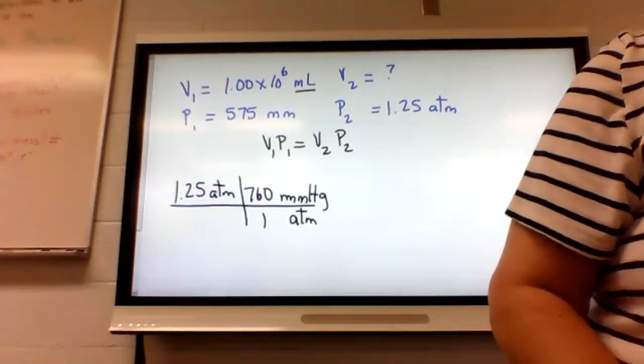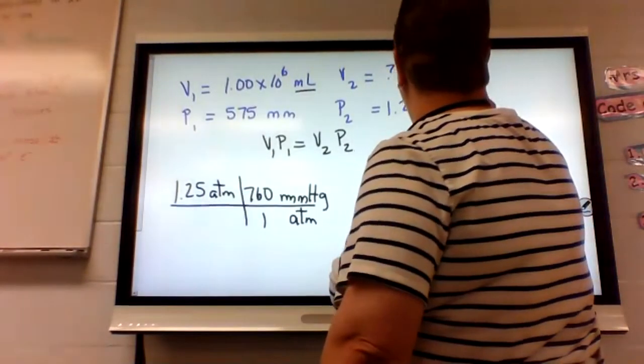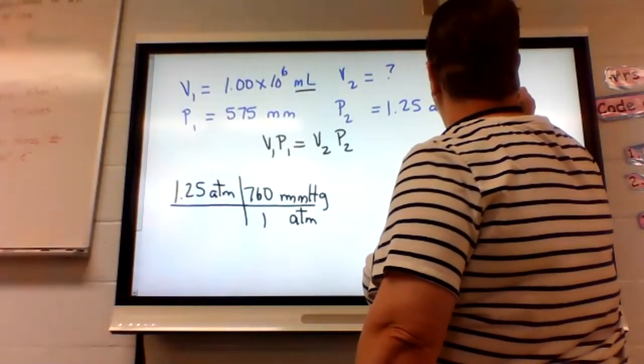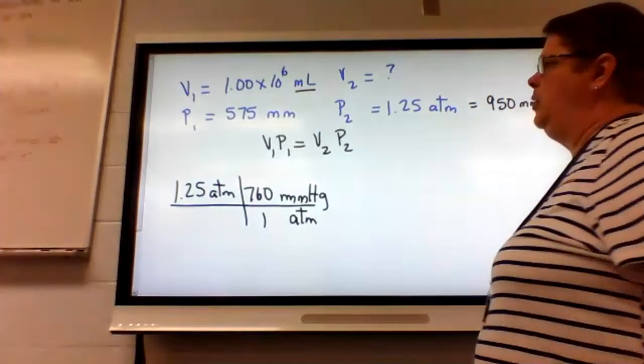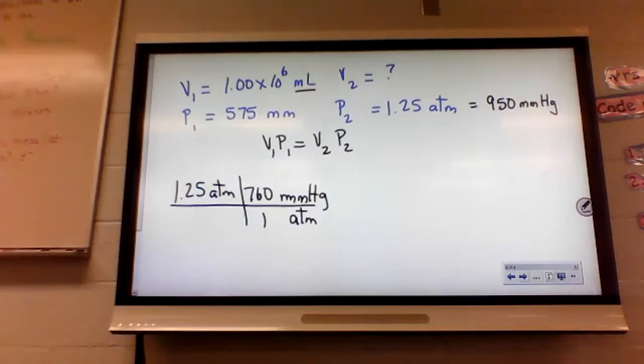Miss Lowell, why would you use mmHg for oxygen? Because mmHg is the pressure unit. It doesn't matter that it's talking about oxygen gas. It doesn't matter what the gas is. mmHg is the unit of pressure. It's millimeters of mercury. It's always going to be mercury.